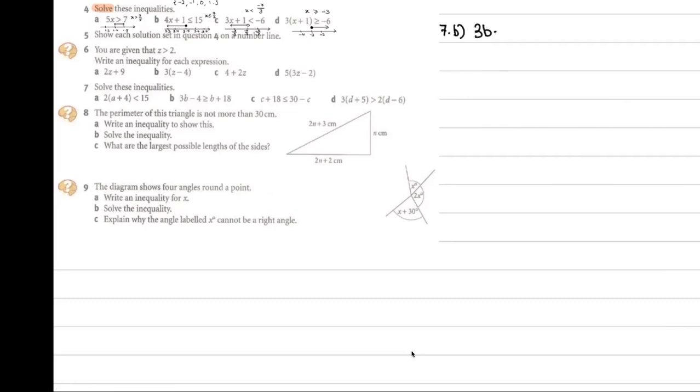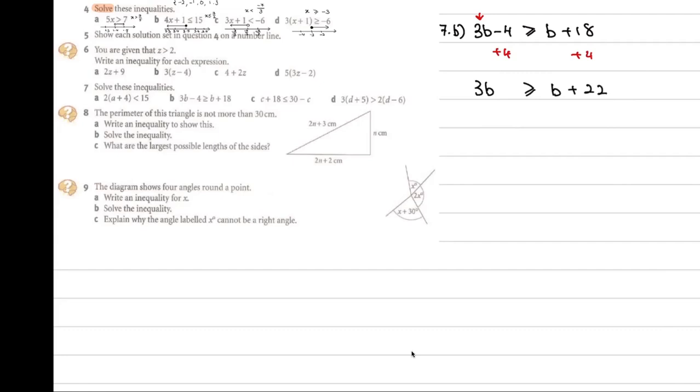Let's look at question B. 3b minus 4 is more than b plus 18. Okay, this one you have b's on both sides. So you need to see whichever has the larger value. So this one, you can see clearly 3b is the larger value. So we're just going to keep this here. We're just going to write 3b minus 4 is more than 18. So let's remove the numbers first. Plus 4 to remove -4. 3b is more than 22.